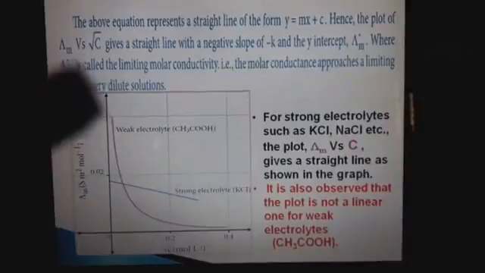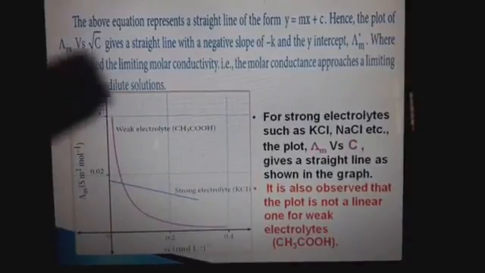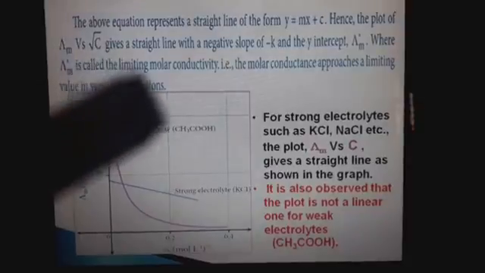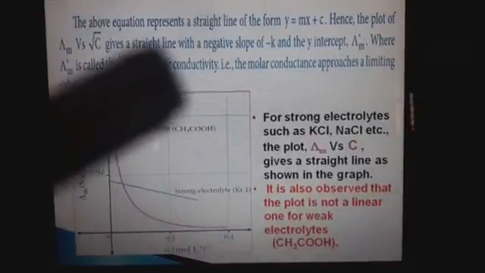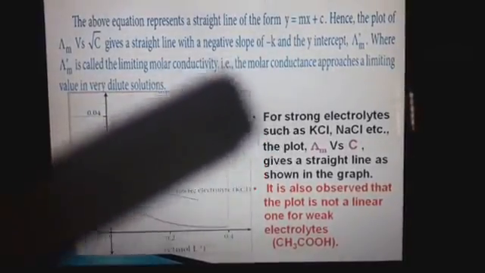You already know that y equals mx plus c is an algebraic equation. Hence plot lambda m versus root c. Lambda m is the molar conductance and root c is related to the concentration. This gives a straight line with negative slope minus k and y-intercept lambda 0m.